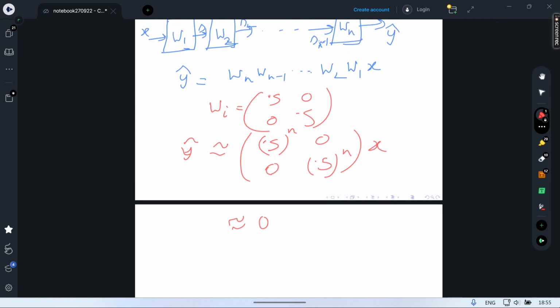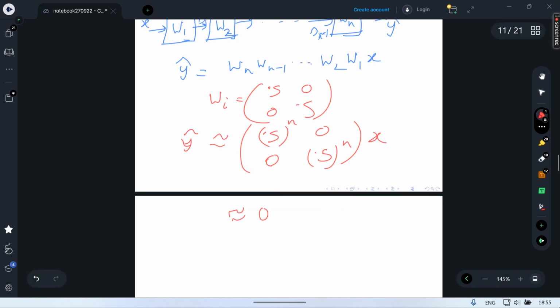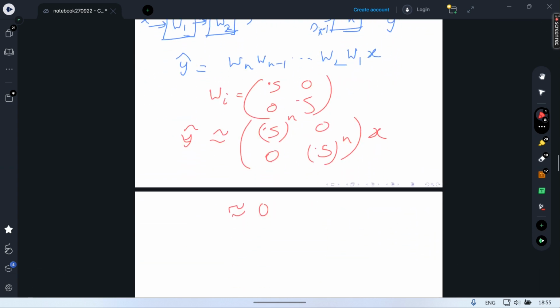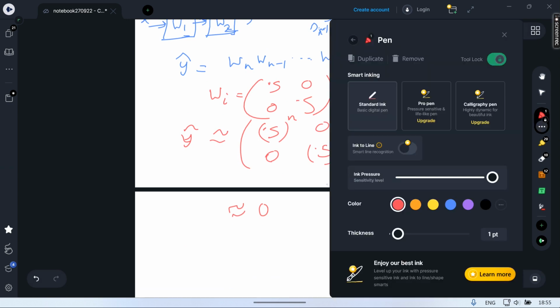Okay, so this is one problem, and if you consider the gradient as well, your gradient will be something like this.